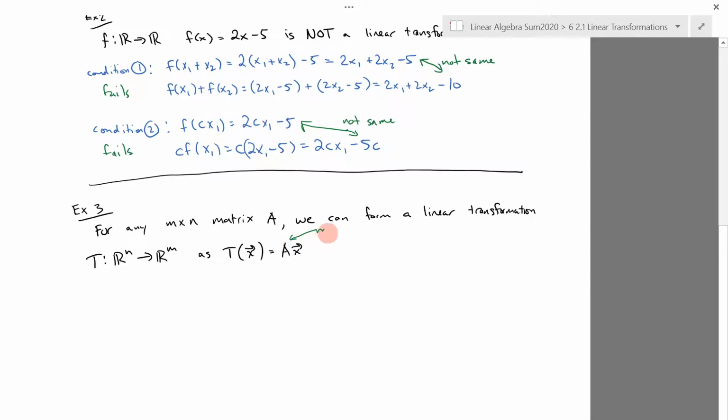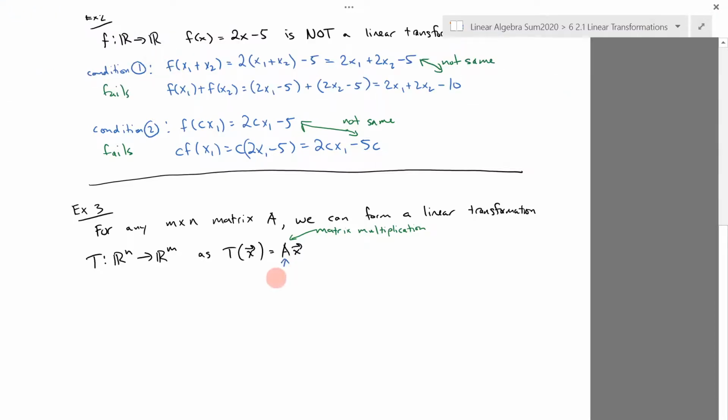So this is just matrix multiplication. Transforming a vector x is just multiplying on the left, A times x. So everything here makes sense.